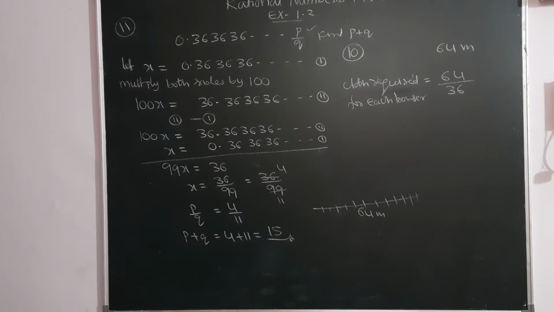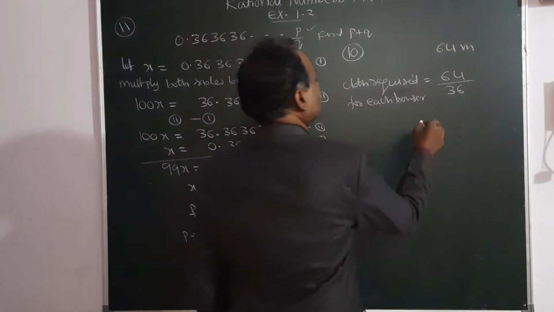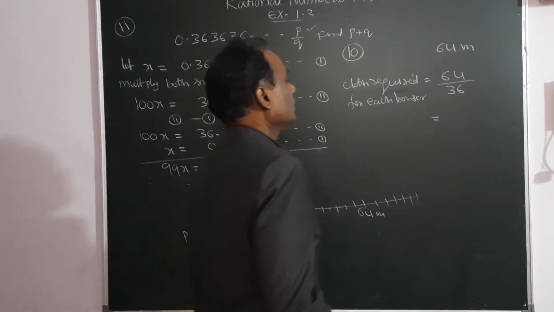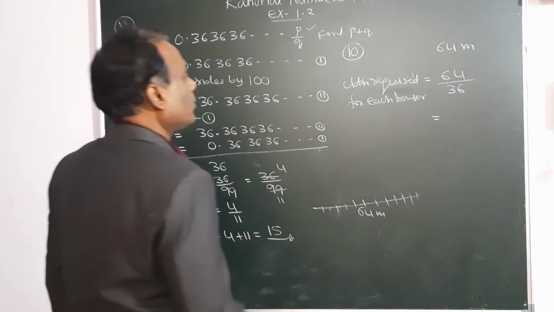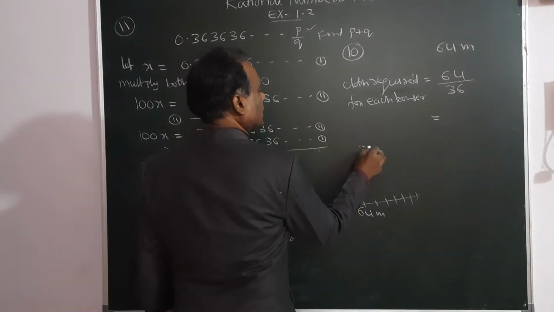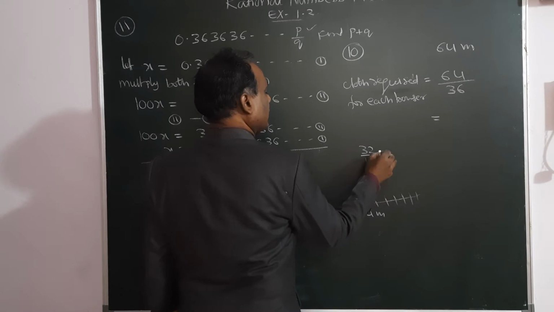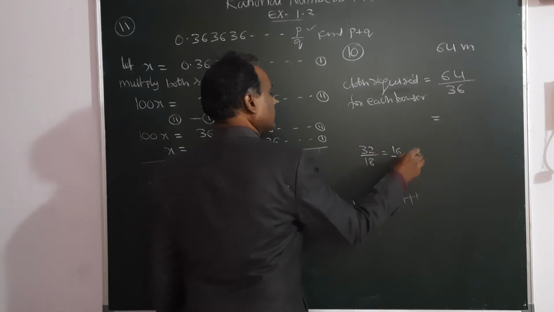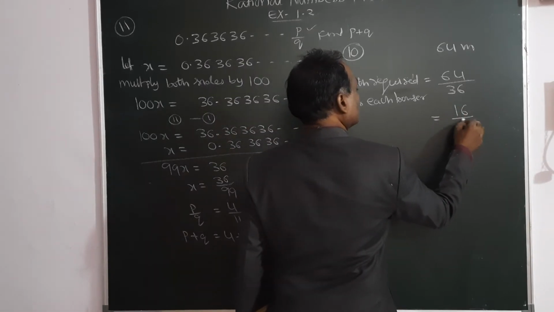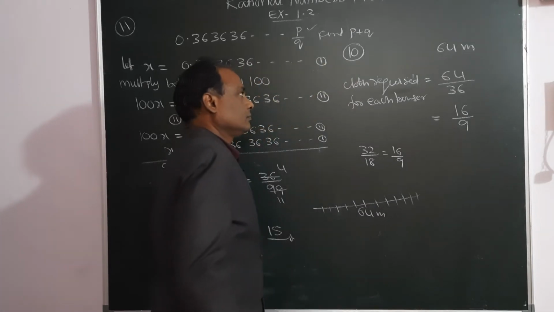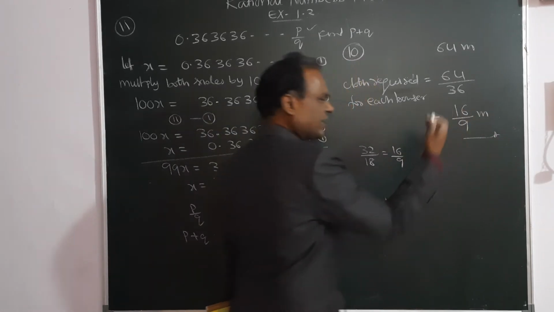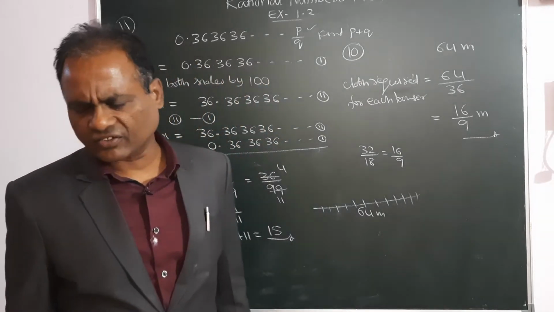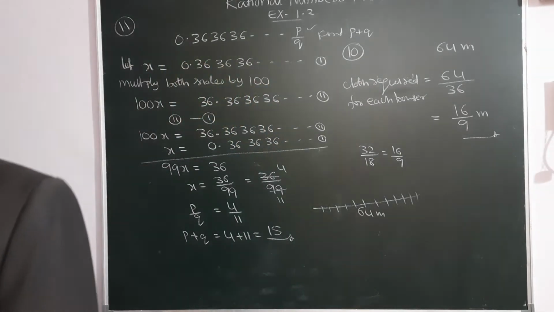So each part is 64 by 36. That's all. Simplify it: 2 table, 32 by 18. Again 2 table, 16 by 9. Even you can simplify and make it a fraction, or you can leave it.